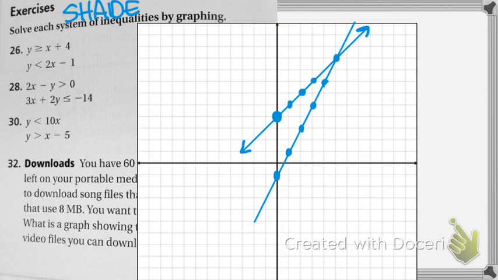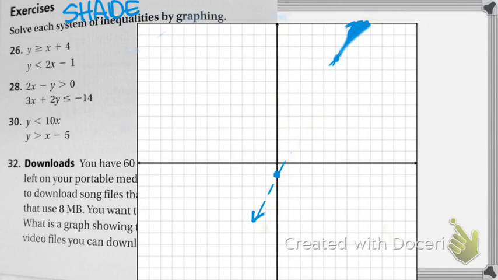And since that one doesn't have the line under the inequality, the equal sign, that one is going to be a dotted line. Okay, and now we have to do some shading. So the solution to this one is right here where the two shaded areas crossed.